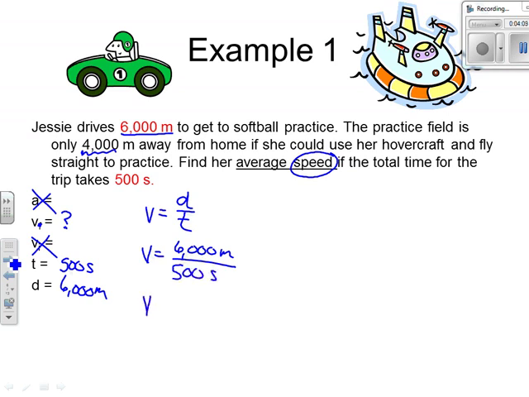So when I take 6,000 and I divide it by 500, if my BYU math serves me right, that would be 12 meters per second. So look here, I have meters over seconds. That equals my units for average speed, 12 meters per second.